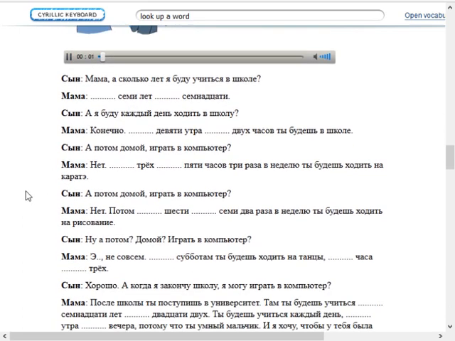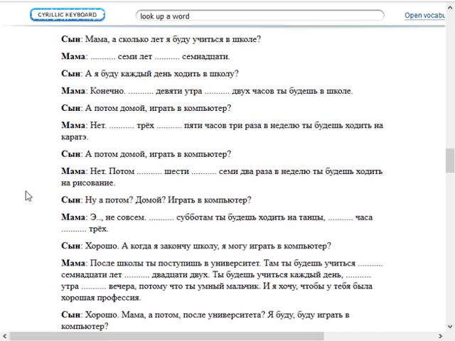Мама, а сколько лет я буду учиться в школе? С 7 лет до 17. А я буду каждый день ходить в школу? Конечно, с 9 утра до 2 часов ты будешь в школе. А потом домой играть в компьютер? Нет, с 3 до 5 часов 3 раза в неделю ты будешь ходить на карате.